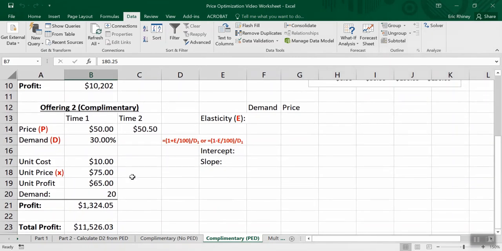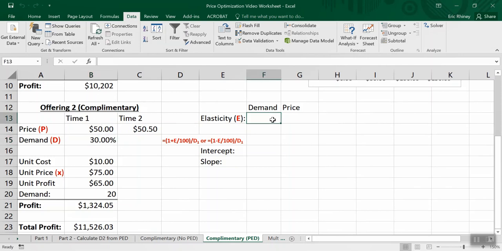All right, now let's assume that this 30% that we said would be the complementary demand derived from our first product is if we have a price of $50 for our second offering. However, we do have an elasticity of demand for this second offering.